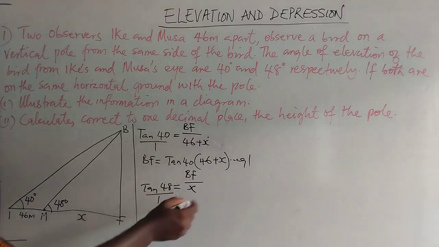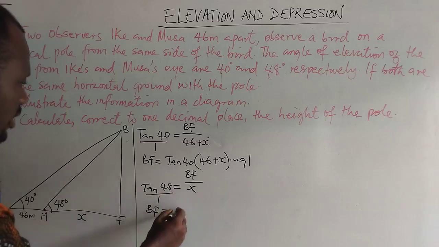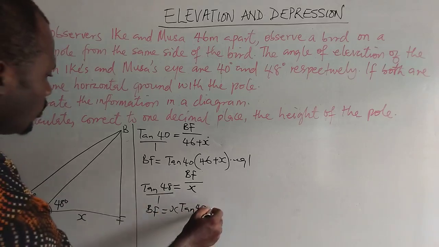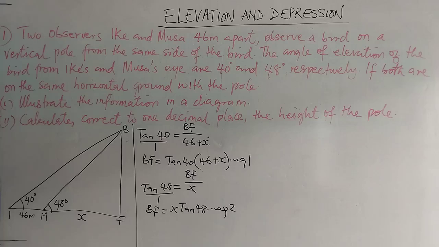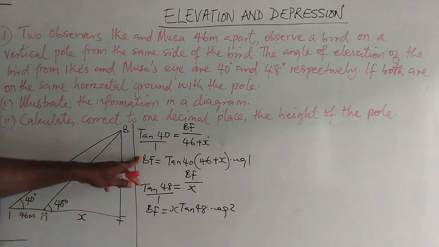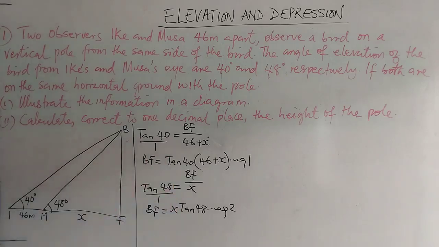If you cross multiply, you will have BF equals x tan 48. We'll call this equation 2. The next thing we're going to do is to equate the two. We have BF in the first equation, we also have BF in the second equation. So I'm going to equate the two.